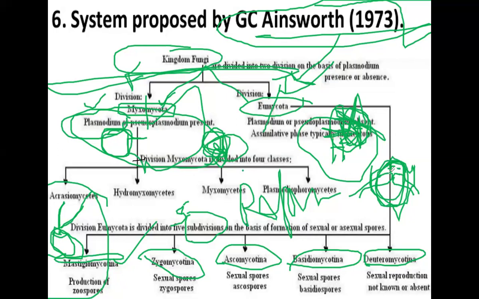What does bisexual mean? The fusion of two opposite gametes.